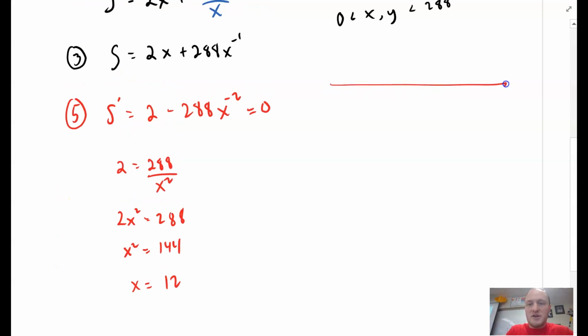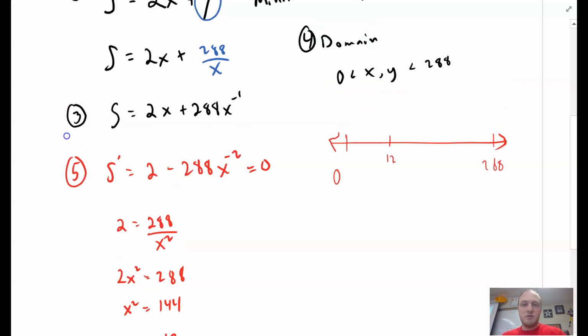So 12 is a critical value. I have my number line here with my endpoints, 0 over here, 288, and then we have 12. I want to know, is this a max? Is this a min? Where are my max and mins going to live? Generally, when you only get one critical value, that's going to be your max or your min. If I had other critical values, I would test and see. So we'll test. We'll plug in some values into our s prime.